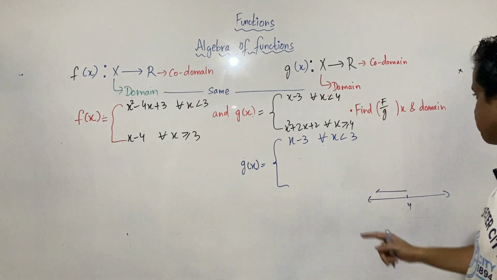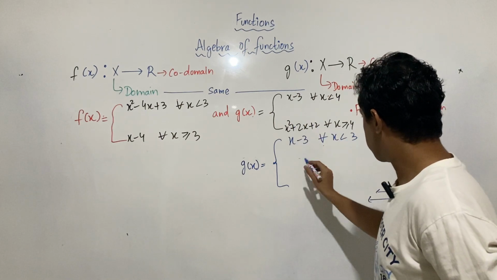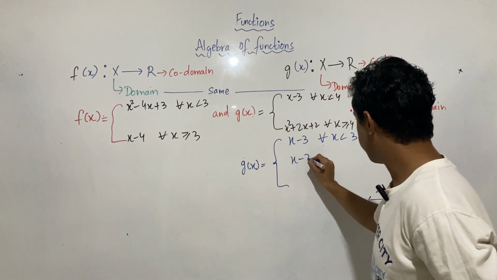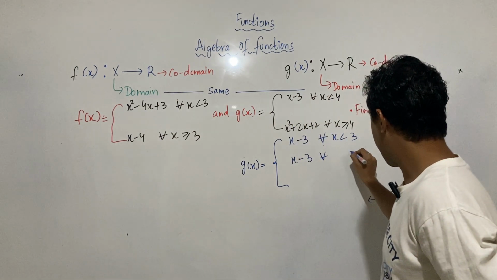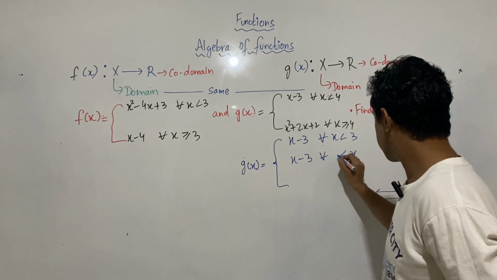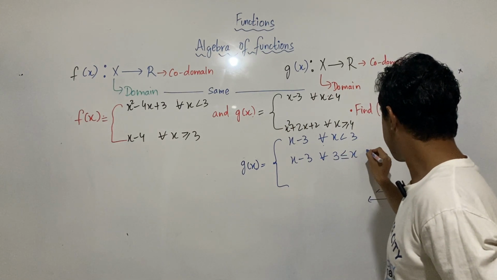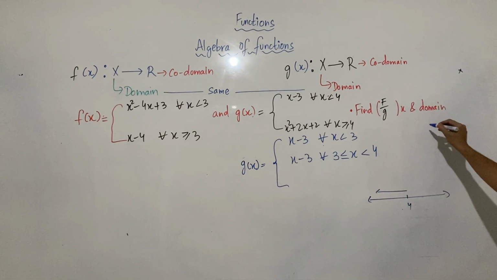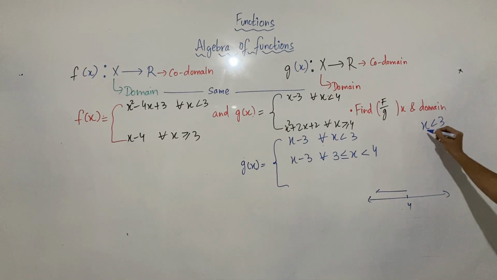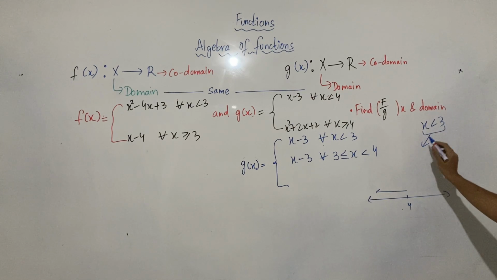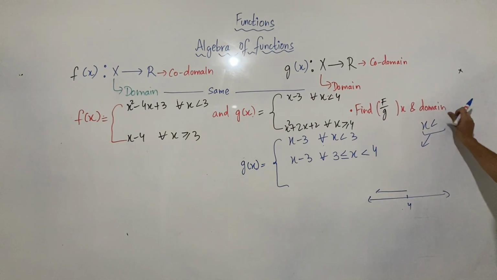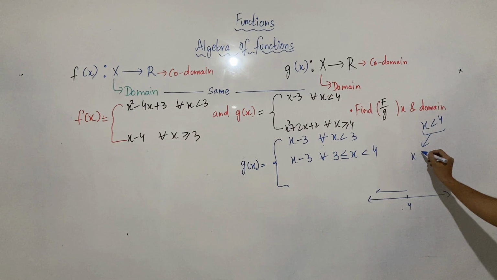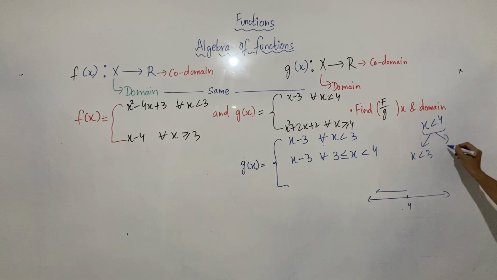And this definition is also going to be valid for all x that lies between 3 and 4. So basically what I did, I just broke this interval into two intervals: x less than 3, and x between 3 and 4.